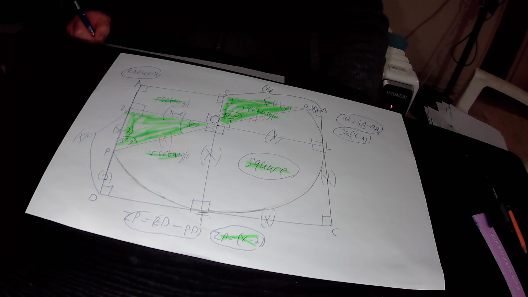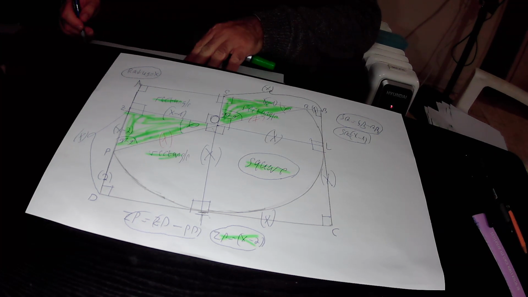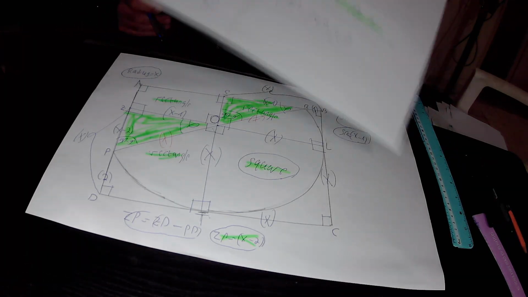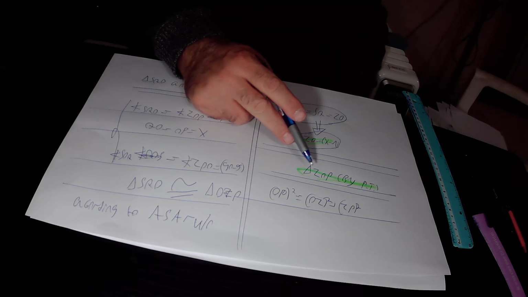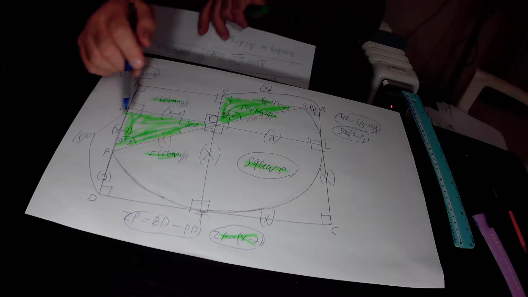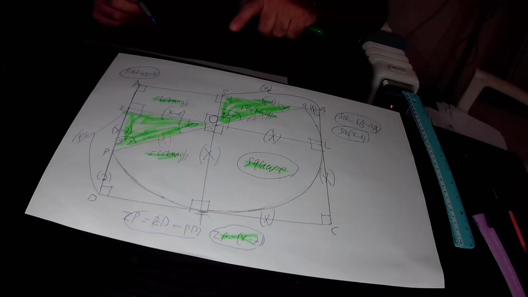And again, in this green right triangle ZPO, according to the Pythagoras theorem, OP squared, that is the square of the hypotenuse, equals OZ square plus ZP square. OP is x, therefore OP square is x square, and it equals OZ square.